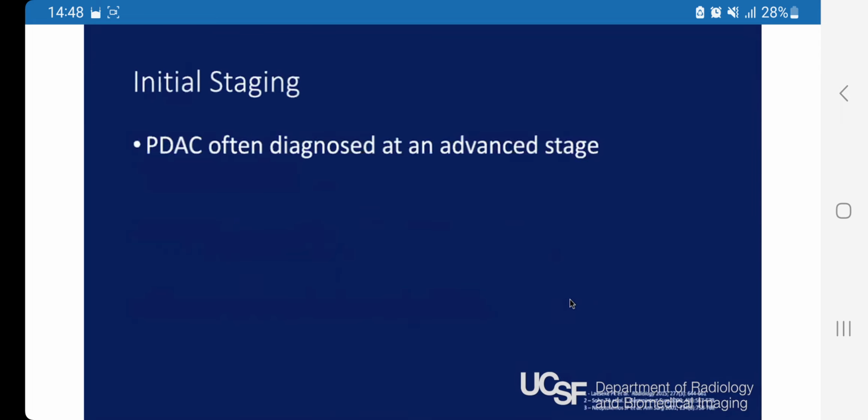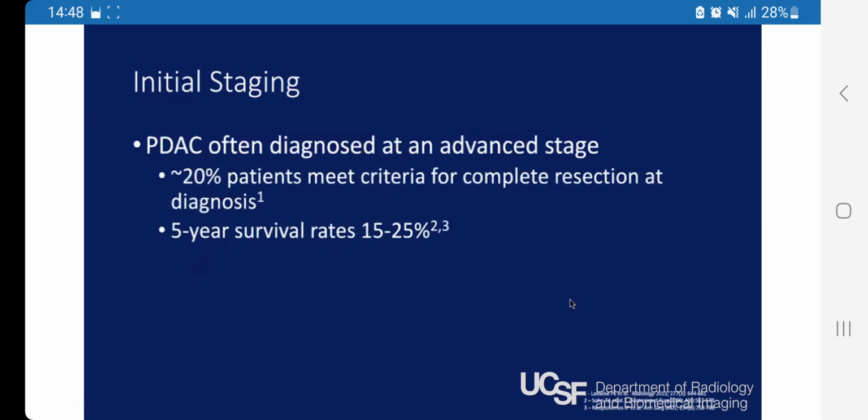So initial staging of pancreatic cancer is usually radiologic, but unfortunately, it's usually diagnosed at advanced age. Only about 20% meet the criteria for complete resection, and the majority, when we see them, are unresectable.